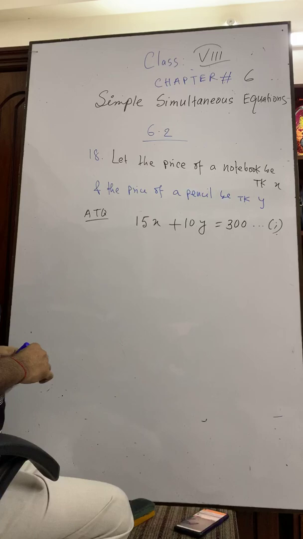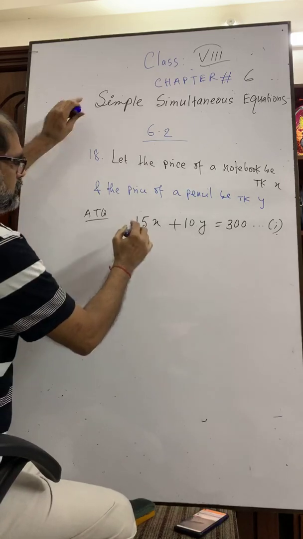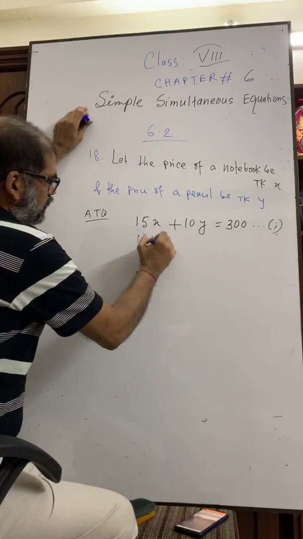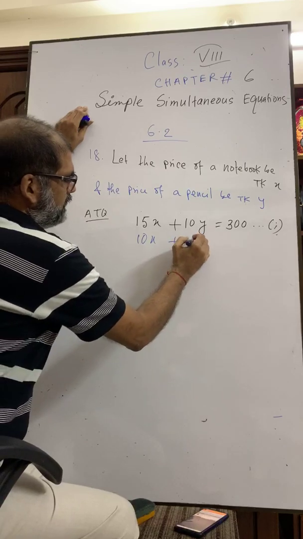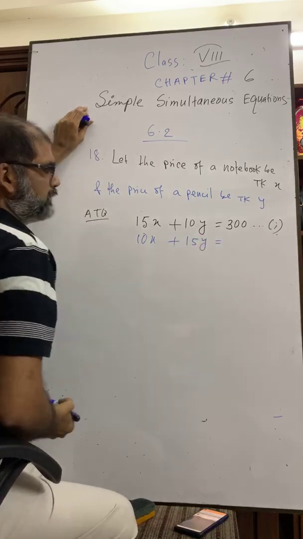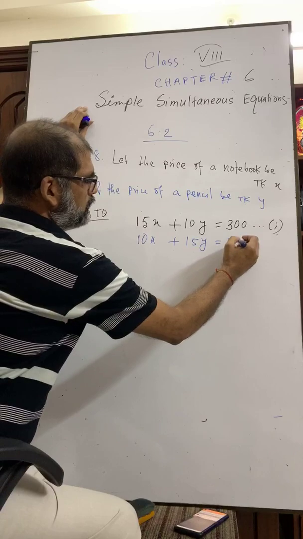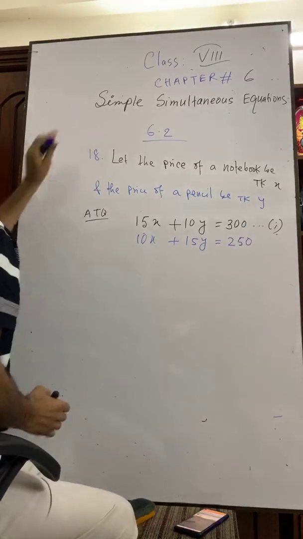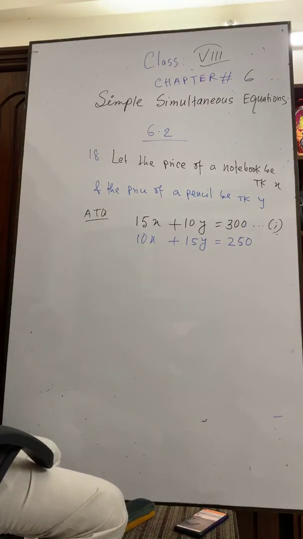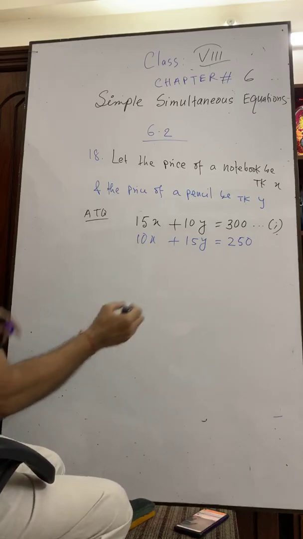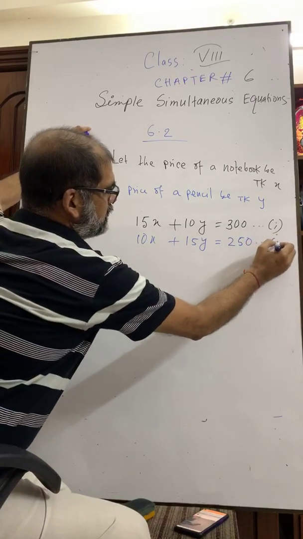Again, it is told 10 notebooks and 15 pencils equal 250. Is it 250? Yes, 250. And this is equation 2.